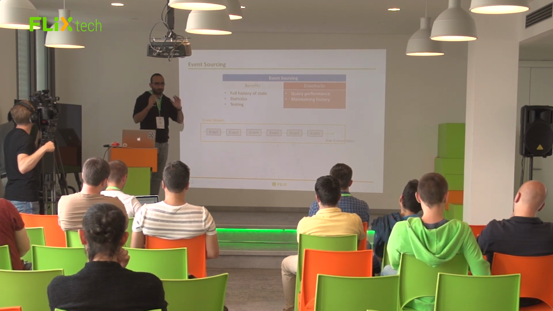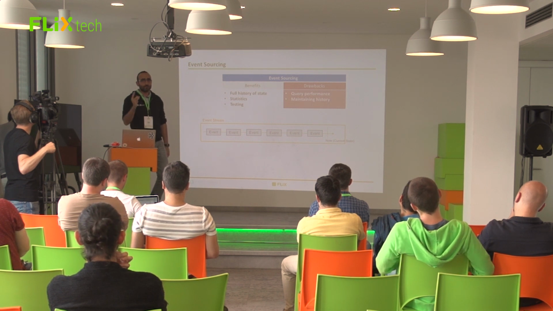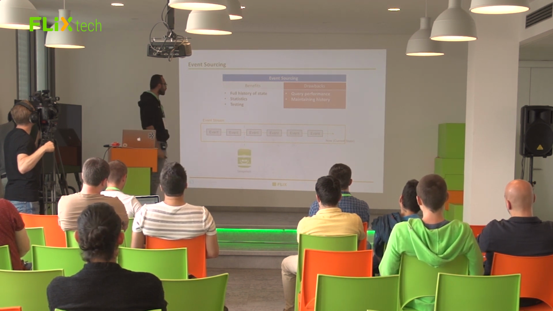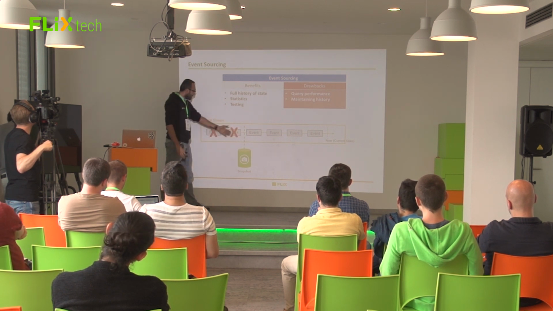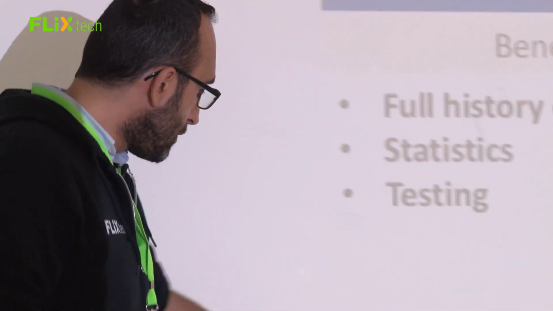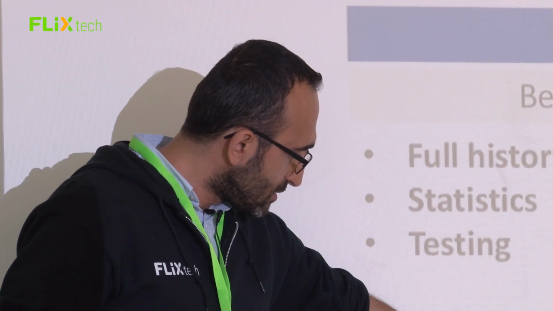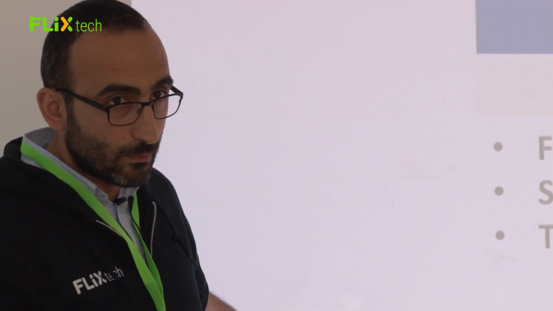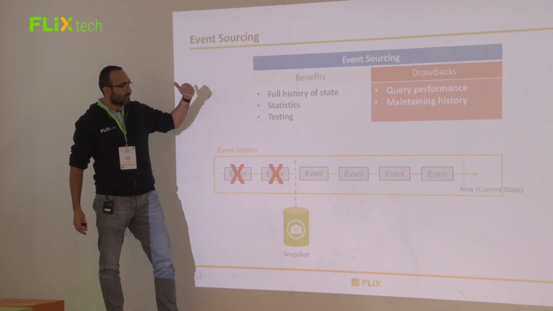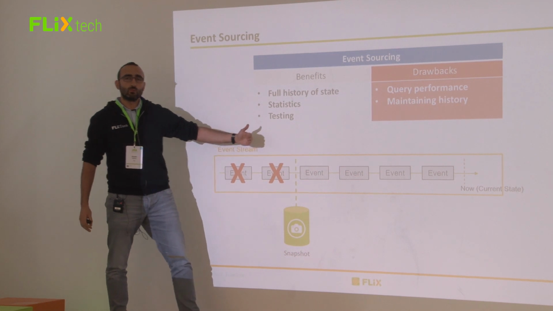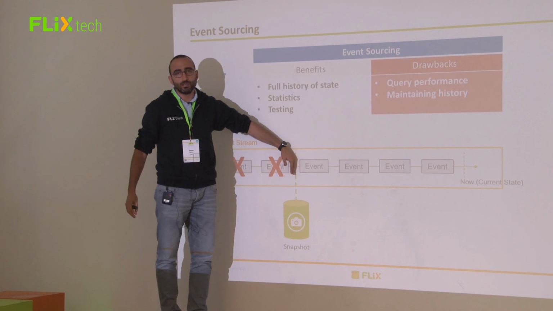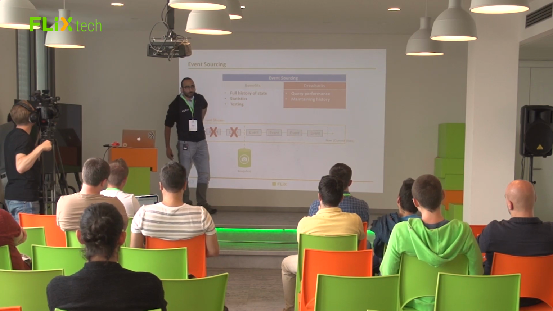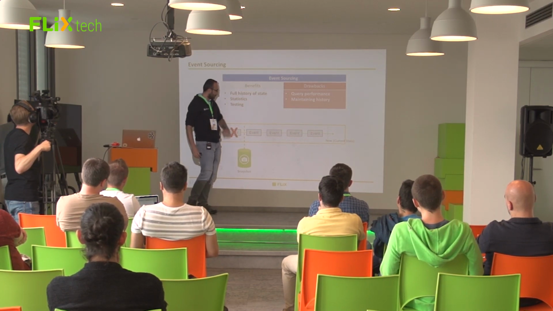Usually this is solved, and we have two solutions for this. The first solution is to create a snapshot at one specific point in time. This snapshot stores the state up to this point and summarizes all events older than this, so that every time we want to replay the events and generate the current state, we just start from here and not from the very beginning of time.